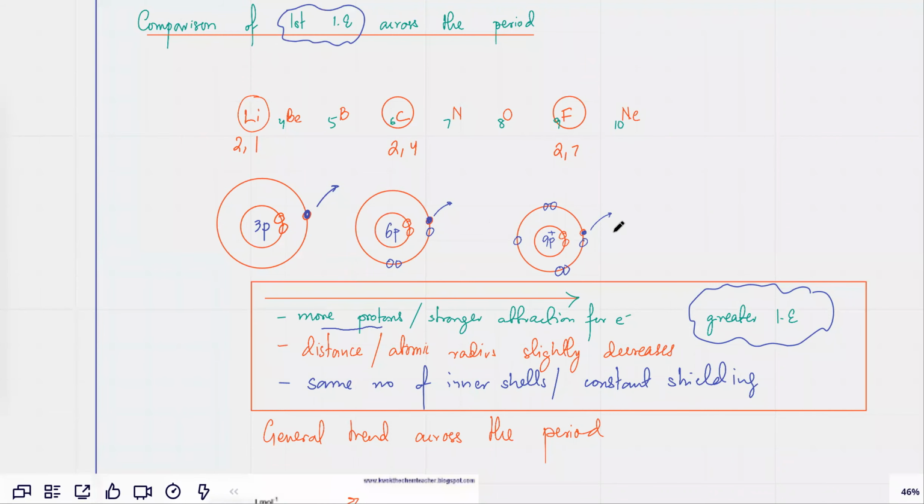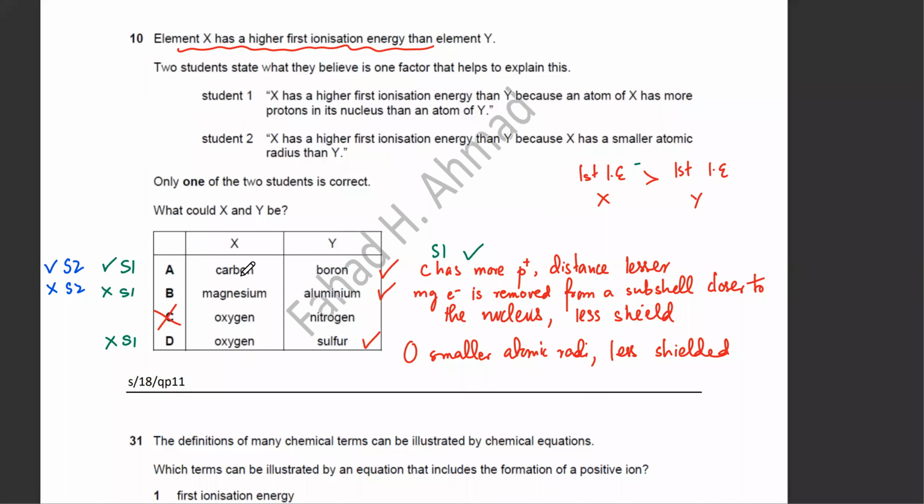So there's a gradual decrease in atomic radius. When you move to the right, aluminium is somewhere over here. Magnesium is somewhere before that. Aluminium has more protons, it's got 13 protons. Magnesium has 12 protons. So student 2 appears to be incorrect in this one. The atomic radius is actually not smaller than Y. Magnesium is going to be bigger than Y. The size of the atom would be much bigger than Y.